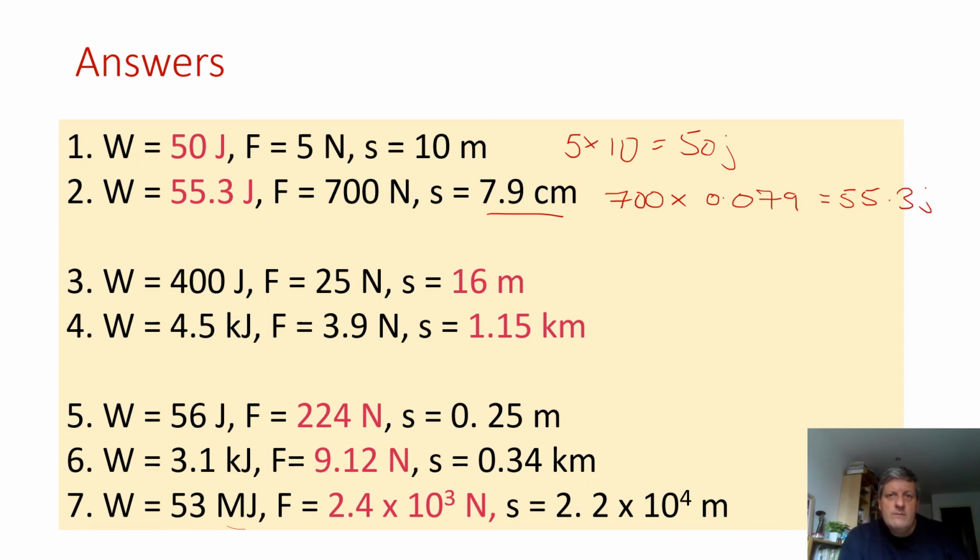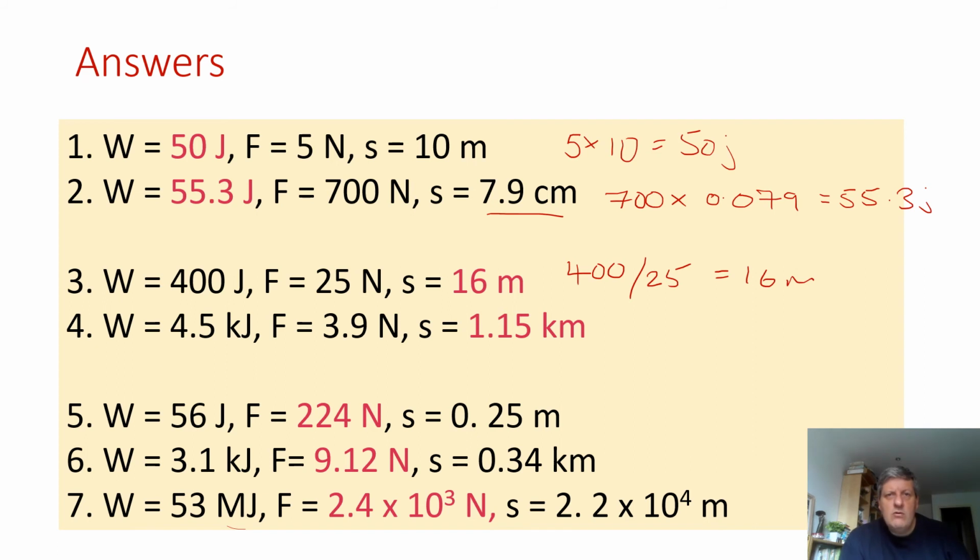For the third one, 3 and 4, we are asked to work out distance. So we need to do work done divided by force. So for 3, it's 400 divided by 25 equals 16 meters.